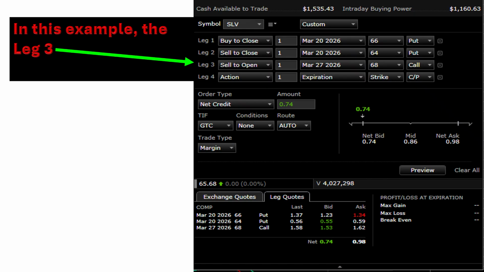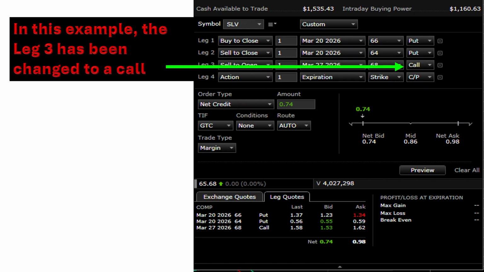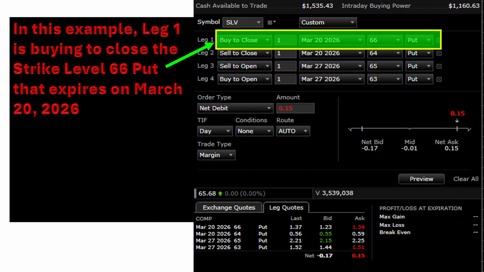In this example, the leg 3 has been changed to a call option. In this example, leg 1 is buying to close the strike level 66 put that expires on March 20, 2026.